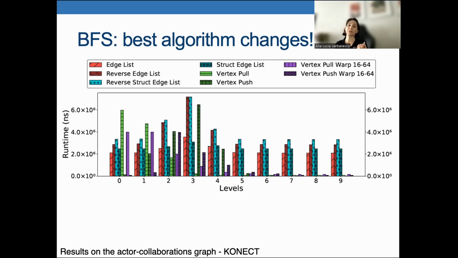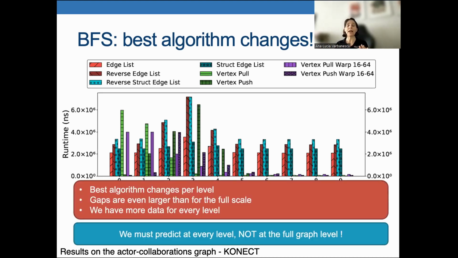Instead, what we had to do was try to predict the performance at every level, and then based on that, combine or reason about what would be the overall performance of the BFS algorithm. So at this point in time, we were not able to find the best algorithm for a given graph.